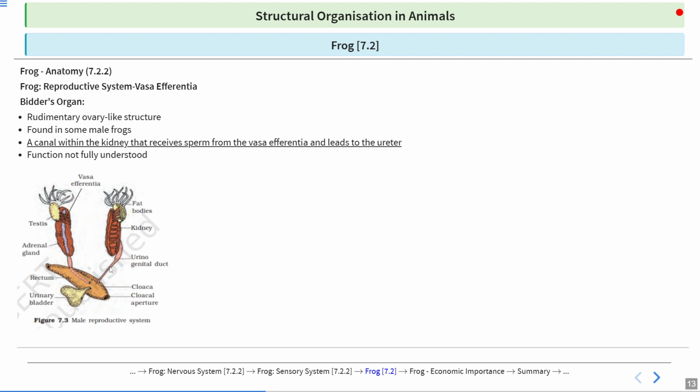And from the urinogenital duct, it passes to the cloaca. And from the cloaca, you can see there is an aperture that is called the cloacal aperture. So sperms come out through this cloacal aperture, right?